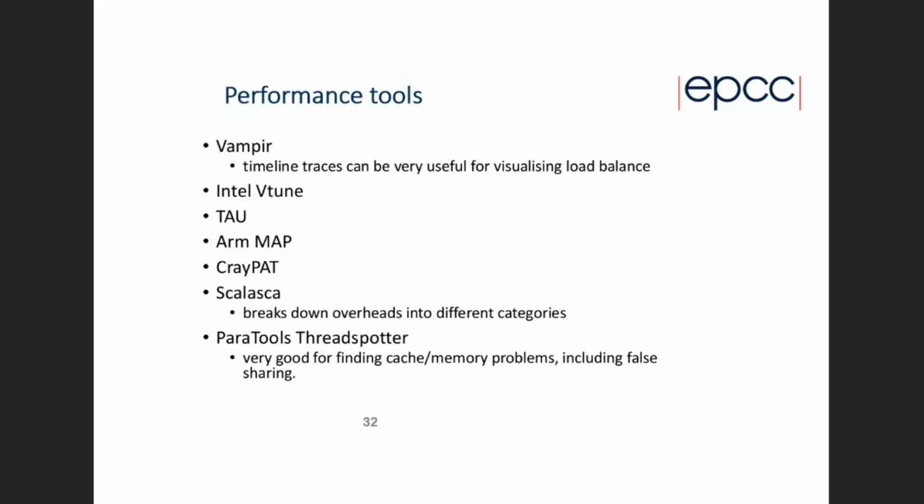In particular, the stuff that these tools have real difficulty with is communication overheads. They're quite good at telling you about load imbalance, sequential code and synchronization overheads, but typically not very good at diagnosing communication overheads.